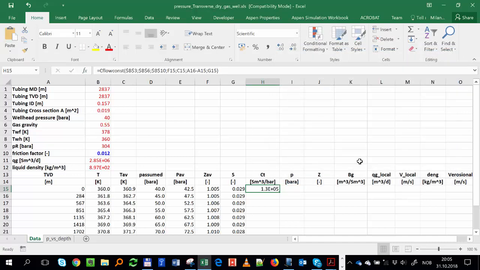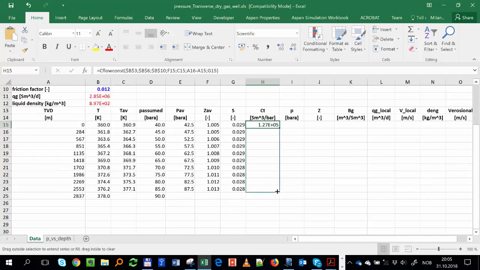And I got 1.3 to the power of 5. And you see there is some variation on this CT depending on the segment. The upper segment has a larger CT than the lower.